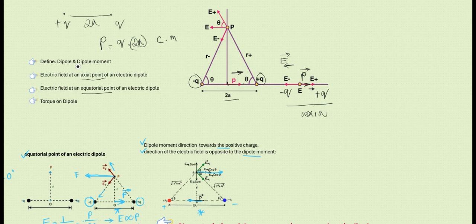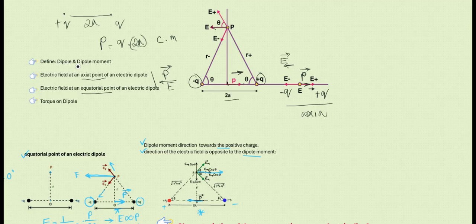And as I said, for both cases, including the equatorial case, the electric field will be opposite to the dipole moment. It means the electric field will be in the opposite direction for both cases.